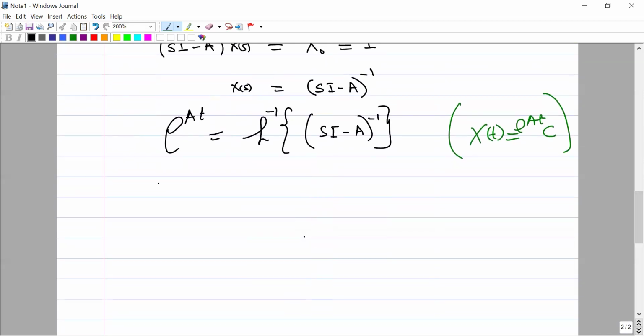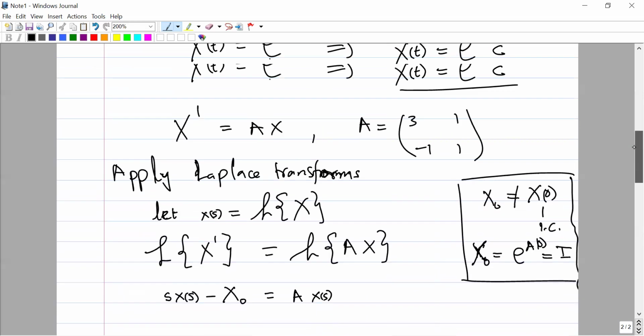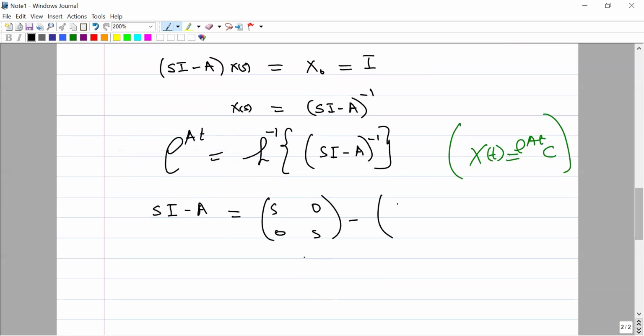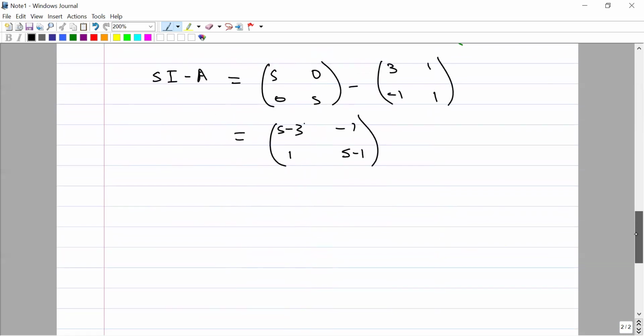So what it means is we need to generate sI minus A. This is s times the identity minus our A, which is 3, 1, minus 1, 1. And this will give us s minus 3, then we have minus 1, 1, s minus 1. This is our sI minus A. So we want now to calculate sI minus A inverse.